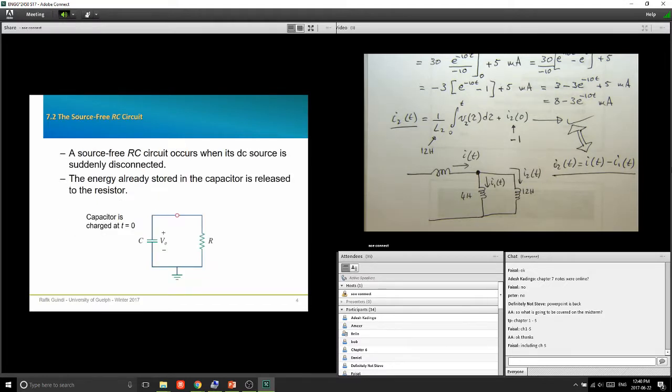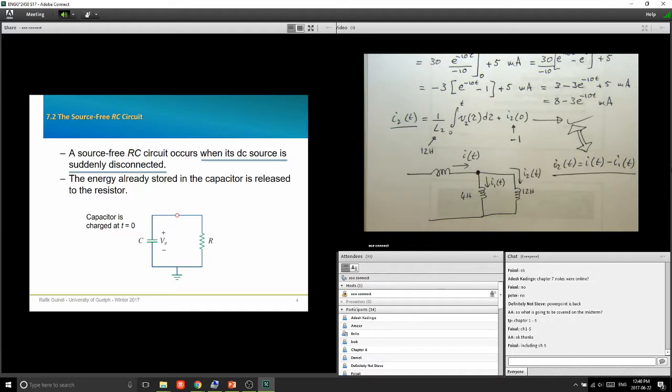Okay, so here we're saying that the source-free RC circuit occurs, well, the book divides this chapter into what they call source-free circuits and then other circuits where they have what we call a forced response. So first, what is a source-free RC circuit?